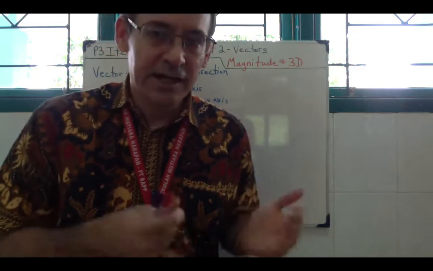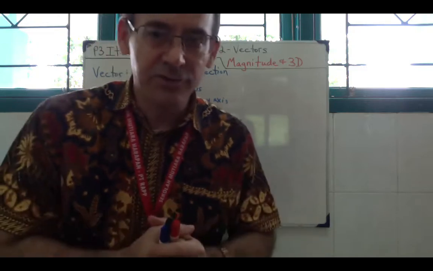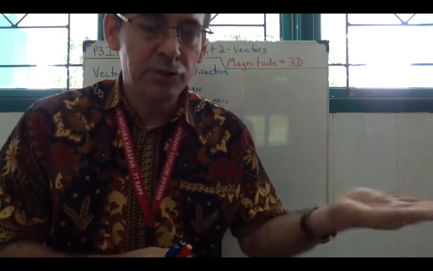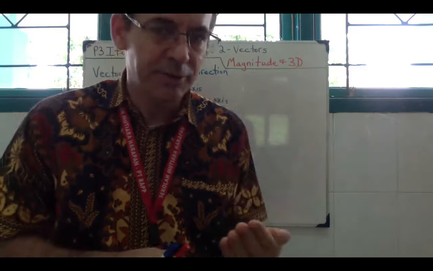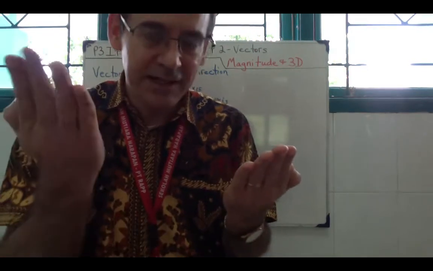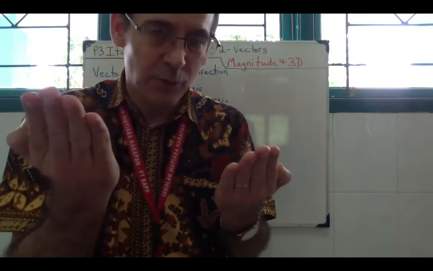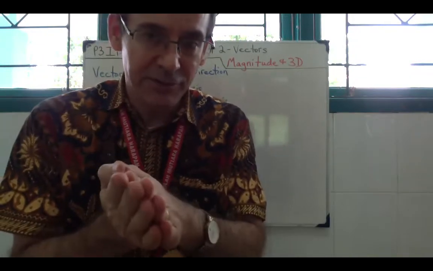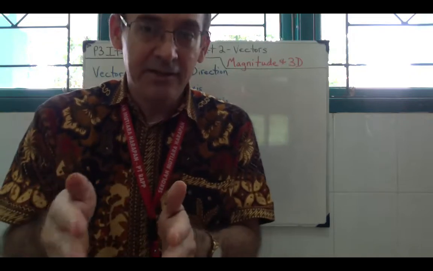What they have done in the new syllabus, now starting 2020, is they have completely removed the section of vectors from Pure Maths 1, taken all of it, they've taken half of what was in Pure Maths 3 and put it together in Pure Maths 3. So the other half they got rid of.